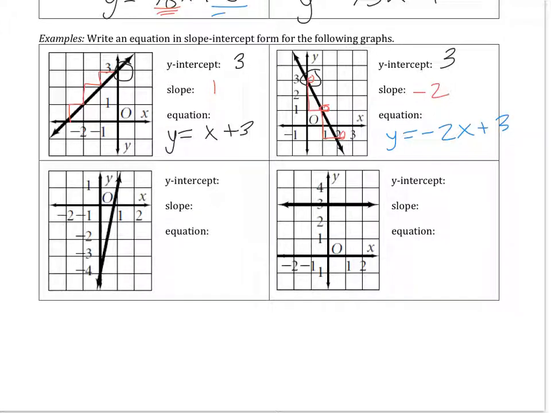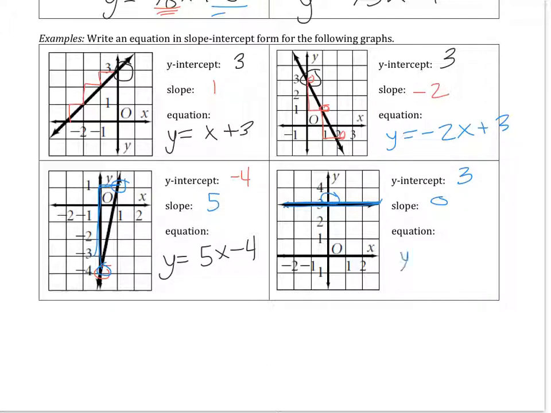Okay, the next one, the y-intercept is -4, and the slope is, I'm going up 5, right 1 to get to the grid mark. So this is up 5, right 1, which is +5. So my equation is y equals 5x minus 4. And then the last one, the y-intercept is 3, and the slope is 0 because it's a horizontal line.